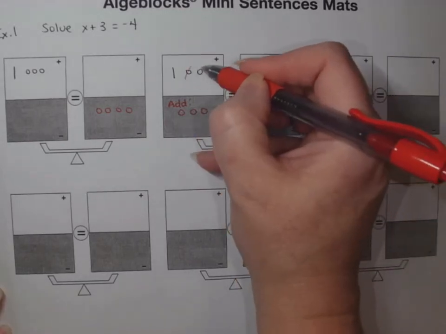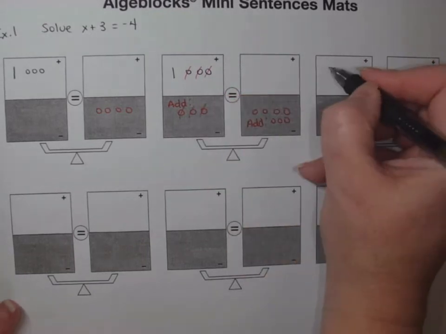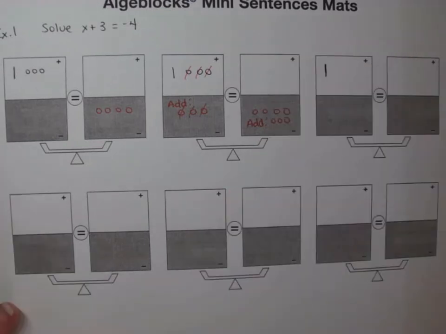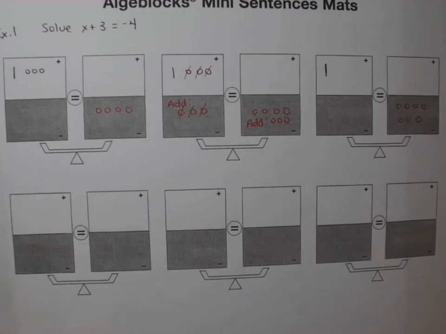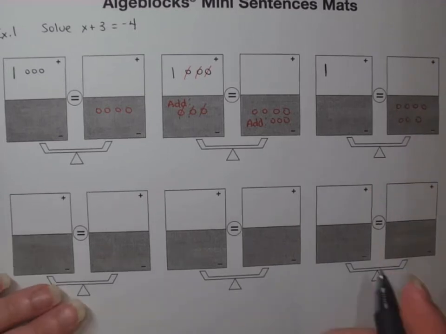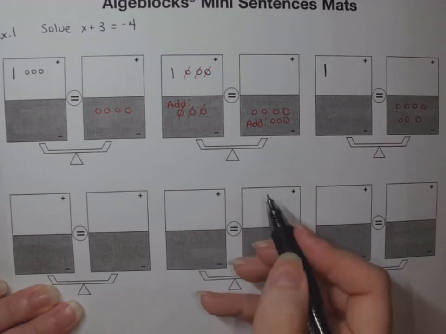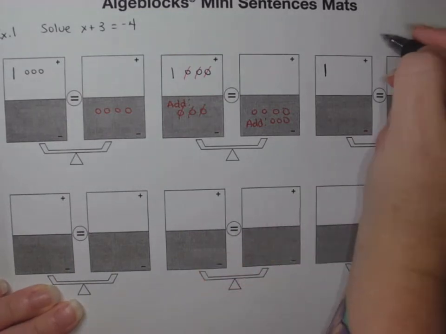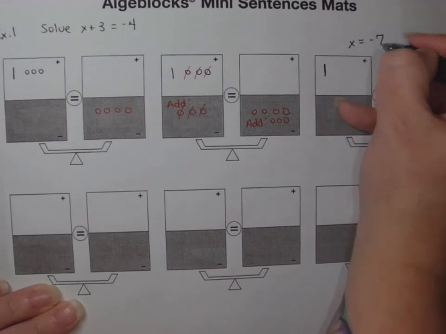And then notice I pair up, right? So any positive negative combo cancels out, and I end up with an answer of x equals the 7 negative units. So I start off with x plus 3 equals -4, and then basically I end up with my answer, which is just x equals -7.